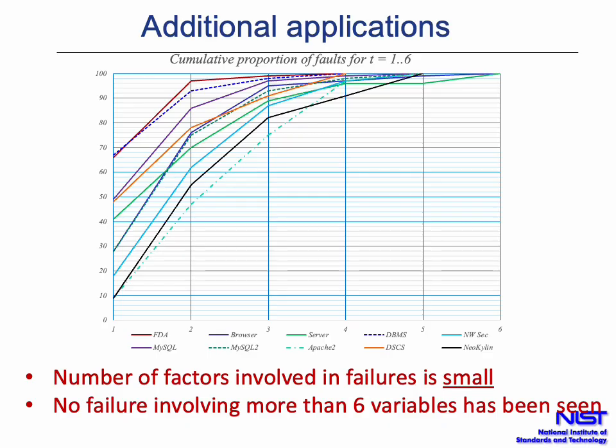And another interesting point is that we have not seen and are not aware of failures involving more than six factors based on the empirical data. So again, the key point here is that the number of factors involved in failures is relatively small, and that has some very significant implications for testing.